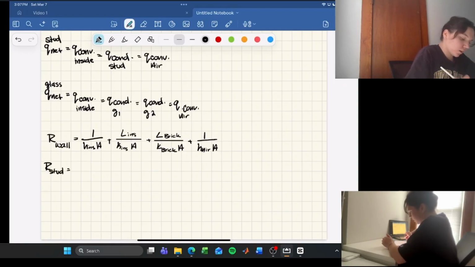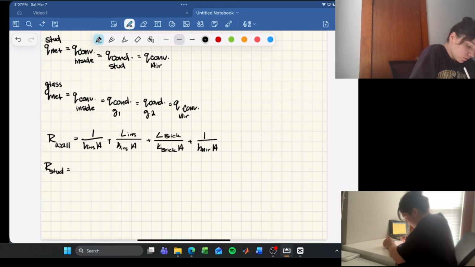This is in series, from convection, 1 over the heat transfer coefficient of the inside times the area, plus the conduction of the stud, which is the length of the stud over the thermal conductivity of the stud times the area, plus 1 over the heat transfer coefficient of the air times the area.